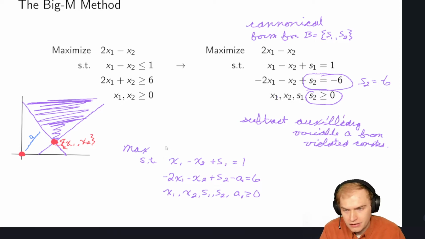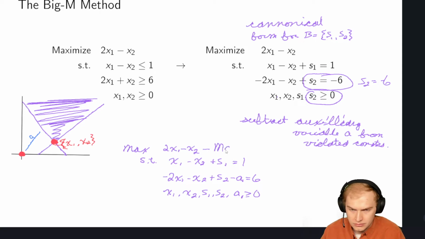And unlike the two-phase method, which is presented in the book, the big M method preserves some of our original objective. And all we do is subtract some big M times A1. So the two things we've added are these.